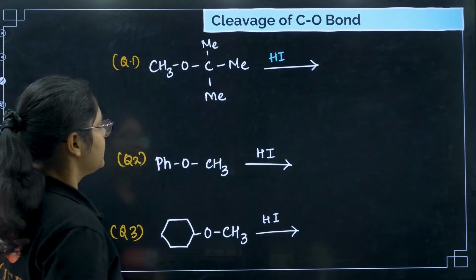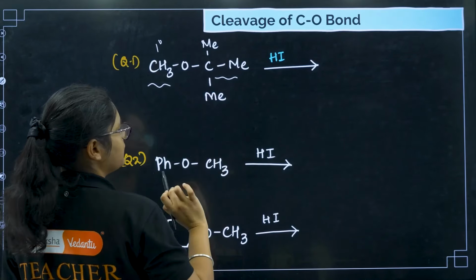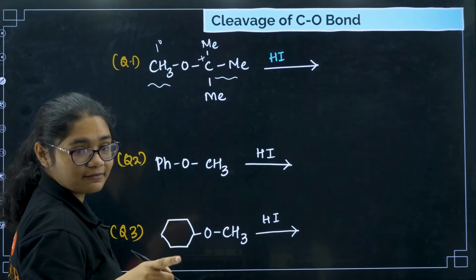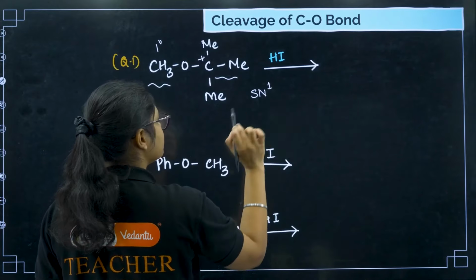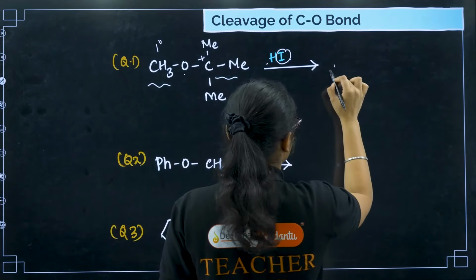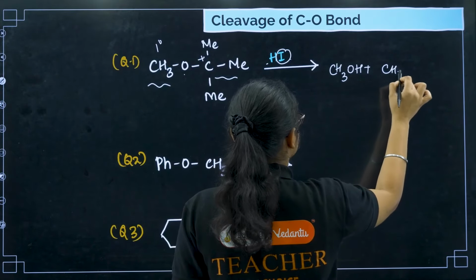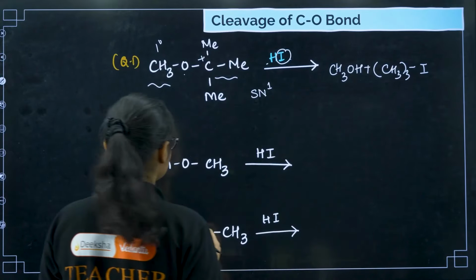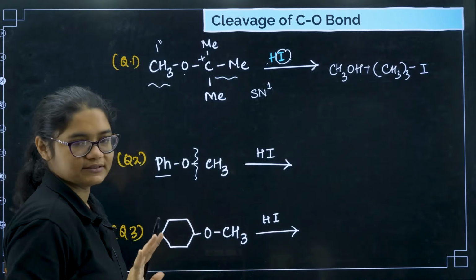Now see here, this is a primary group and this is a tertiary group. If a carbocation is formed here, it will be very stable because it is a tertiary group. So the SN1 mechanism will follow, I minus will attack here, H will go here, and the product formed will be CH3OH plus (CH3)3C-I. Now whenever there is a phenyl group, you don't have to worry, always break the bond on the other side.